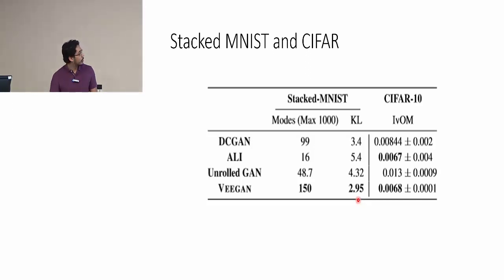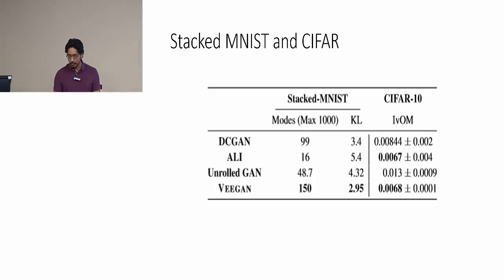And then this is the data from the CIFAR 10 test. It was inappropriate to assume that each class in CIFAR 10 was composed of a single mode. So instead they used IVOM, which stands for Inference Via Optimization Metric, which compared the real images from the test set to the nearest generated image and measured the difference between them.